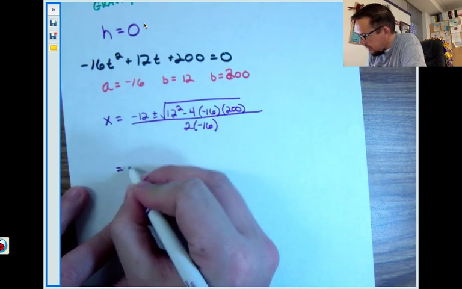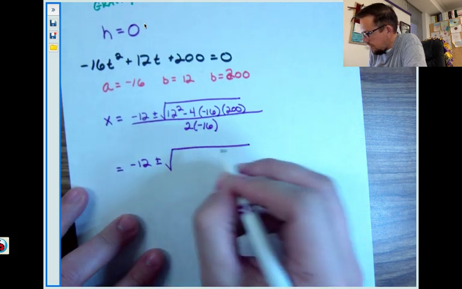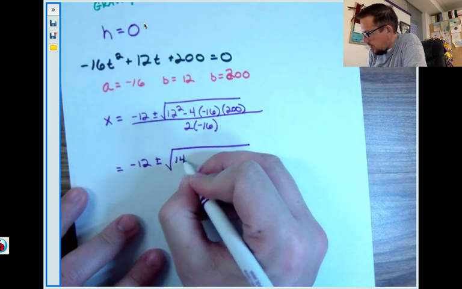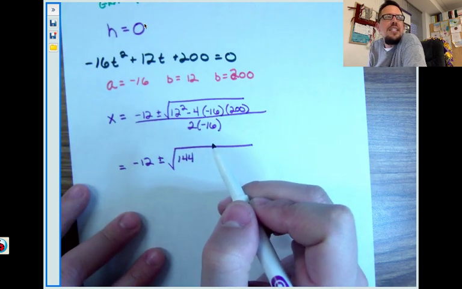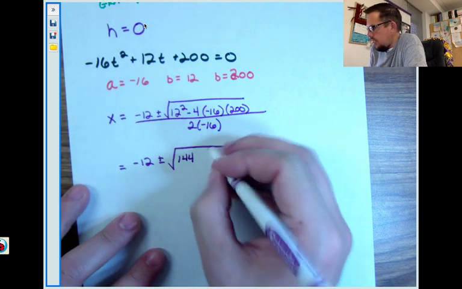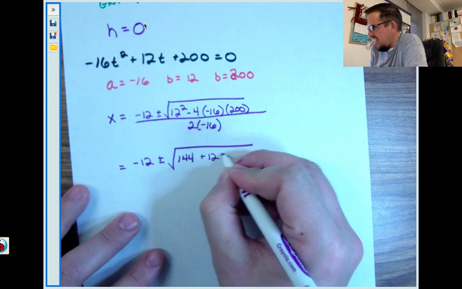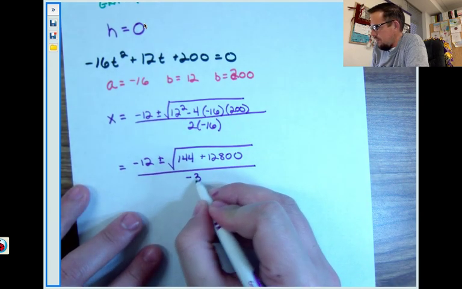It's okay. Negative 12 plus or minus the square root of 144, minus 4 times negative 16, which is 64, and 64 times 200 is 12,800. And on the bottom, negative 32.